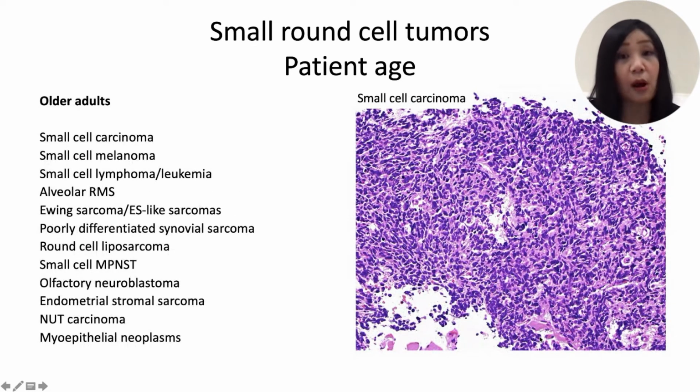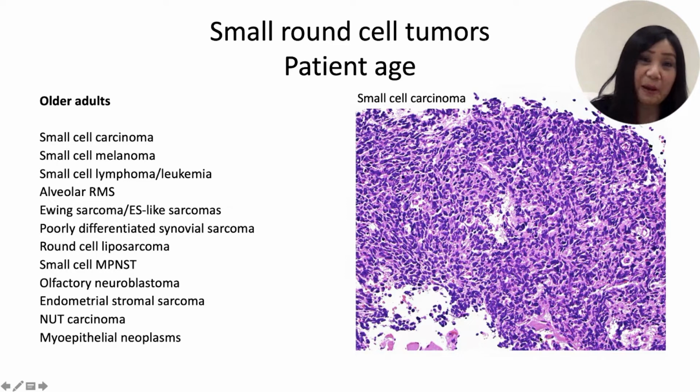When we move on to older adults, the spectrum broadens because we have the more common tumours, so small cell carcinomas, small cell melanomas, along with lymphomas and leukemias. Alveolar rhabdo is still in this category, as are Ewing sarcomas, because they can occur not just in young patients, but in a wide age group, including the elderly.